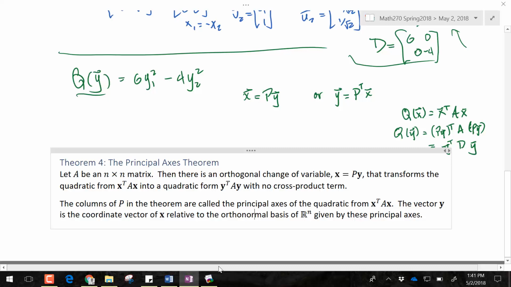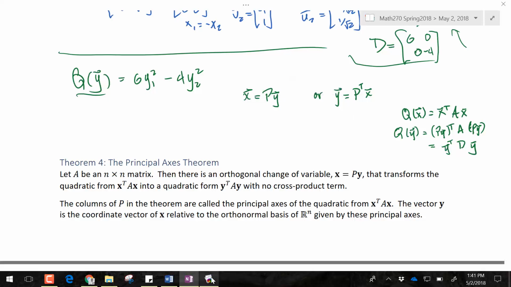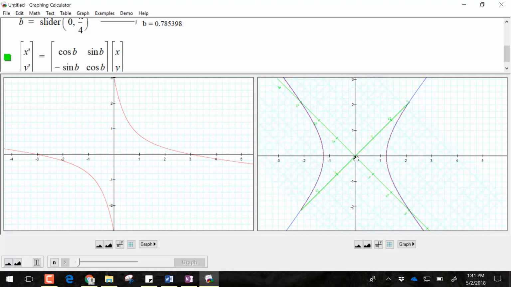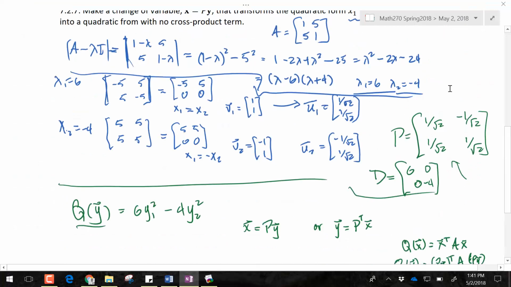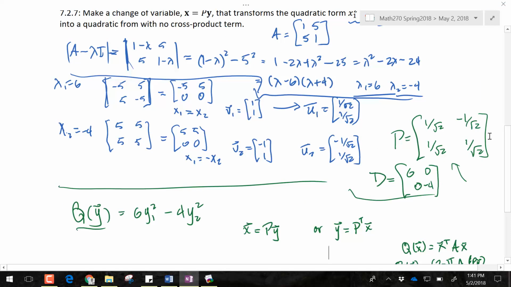What we're doing here changes the basis. In fact, this is the relationship: x is equal to P times y. If we take a look at the graph over here in y, we could take the vector 1, 0, which is a basis vector in y, and run that through P. What's P times 1, 0?